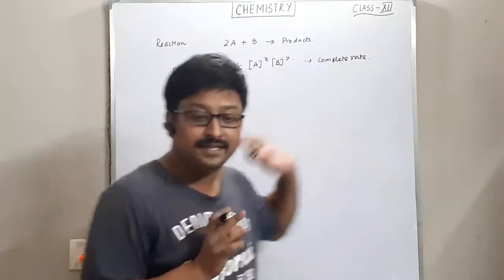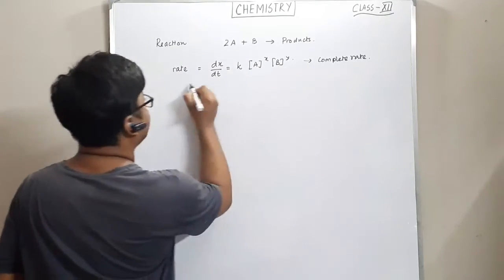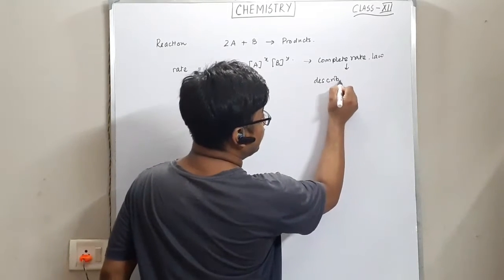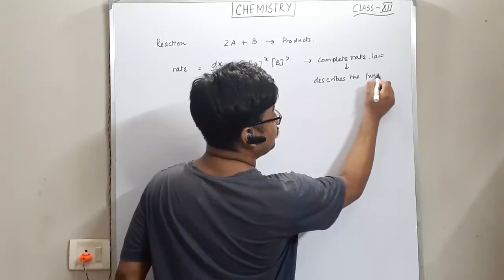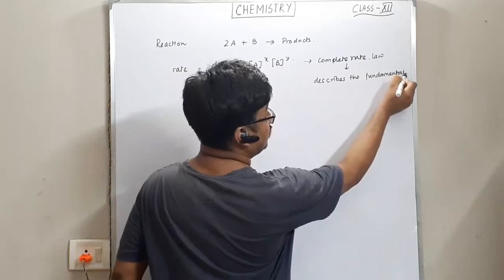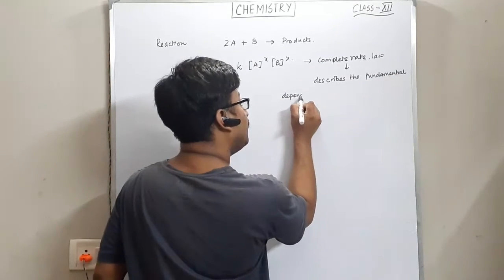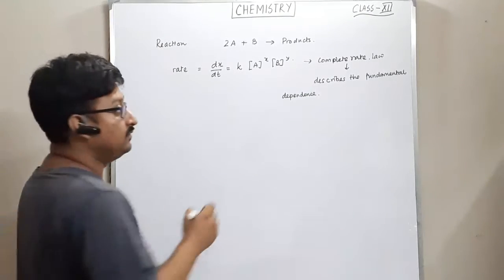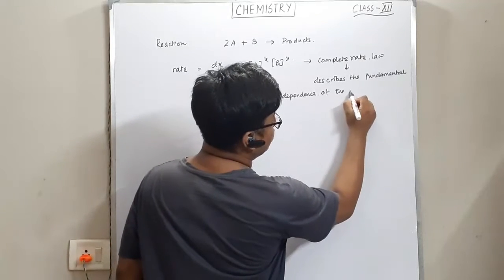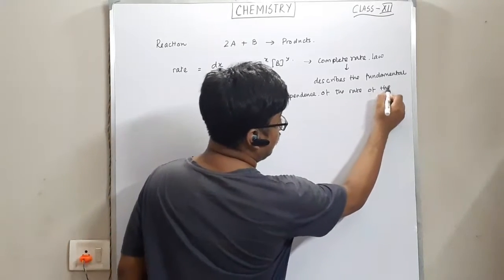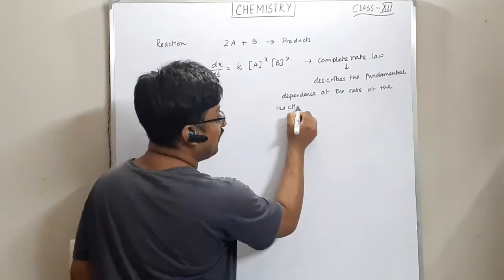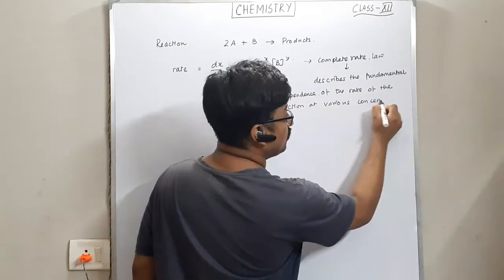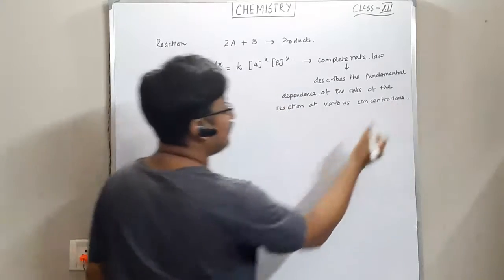What does it describe? The complete rate law describes the fundamental dependence of the rate of the reaction at various concentrations.